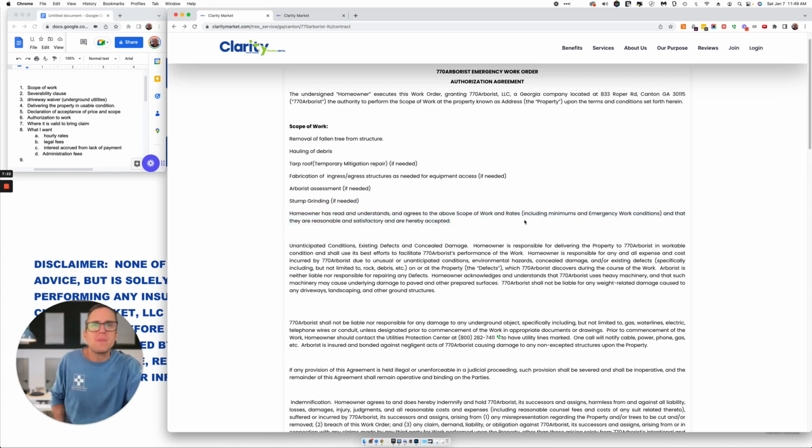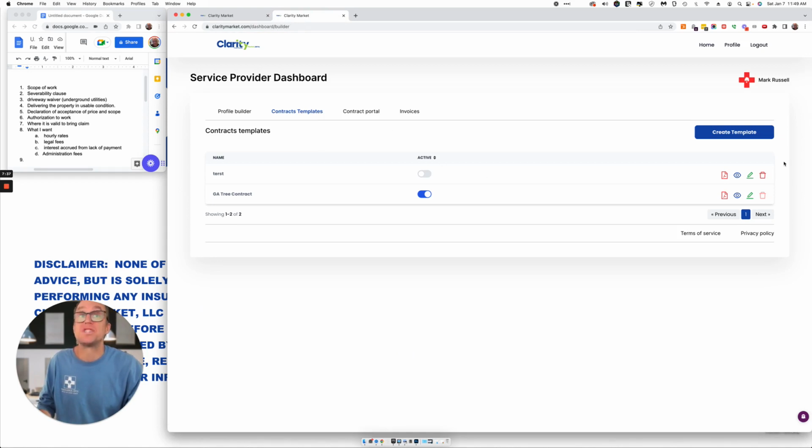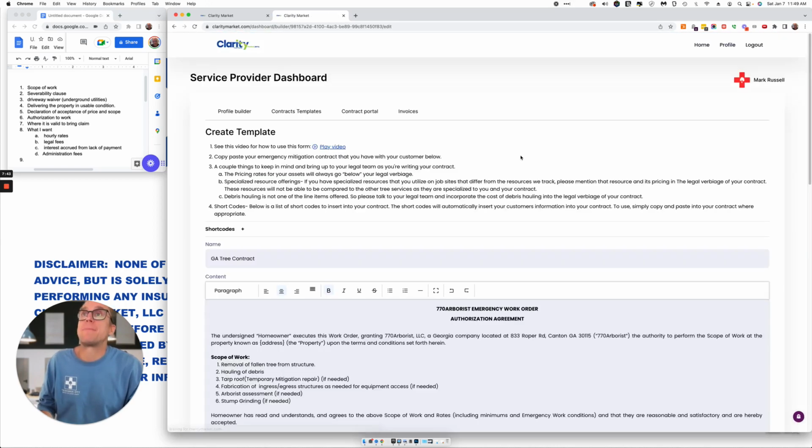Oh, crud, do I have it right now? "Homeowner reads and understands, agrees to the above scope of work." I'm going to change this right now on the fly so you guys can understand contract templates. Watch, this is actually how you do it. This is important because, dang, I'm not practicing what I preach.